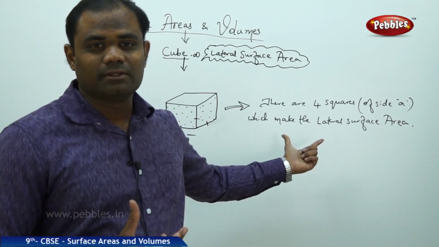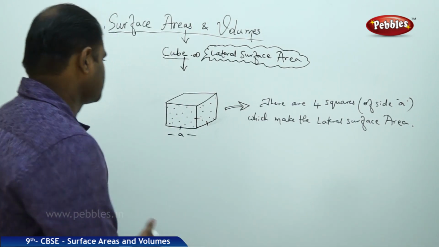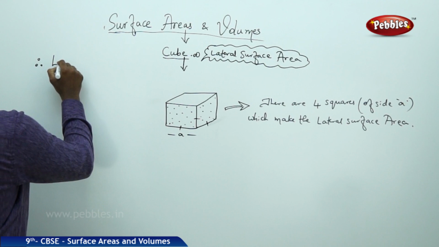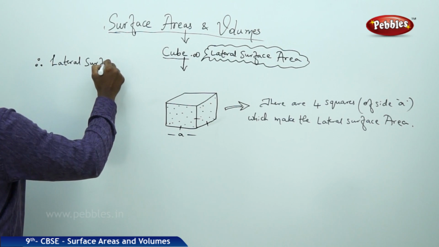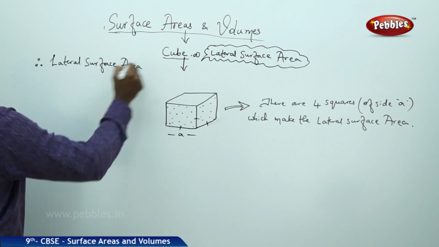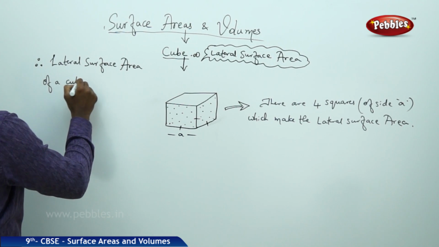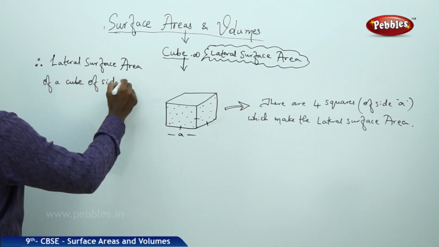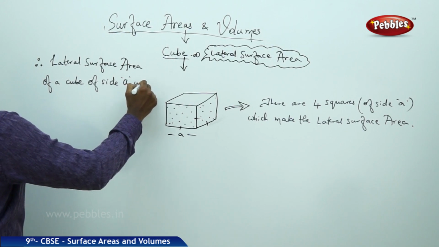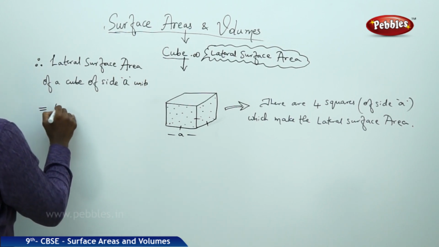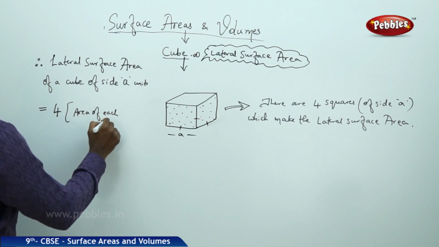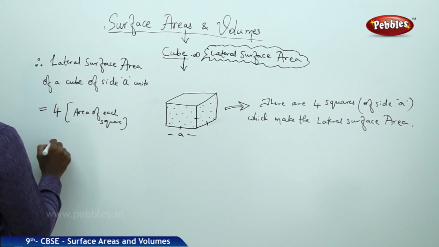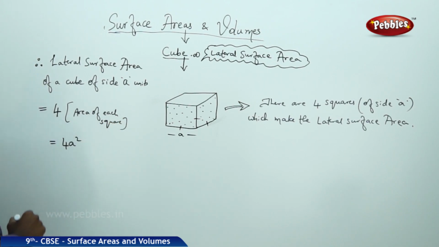That's how we understand the lateral surface area of a cube. Therefore, lateral surface area of a cube of side A units is 4 times the area of each square, which is 4a square, because area of a square is a square.